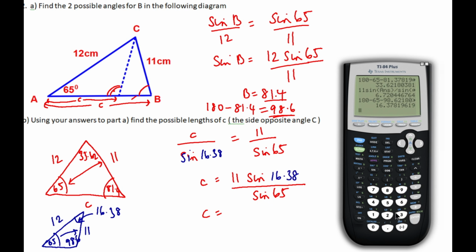So let me do that then. So again, I'll use answer. Okay, so I get 3.42. So quite different to the answer we had before because we got these two different triangles.